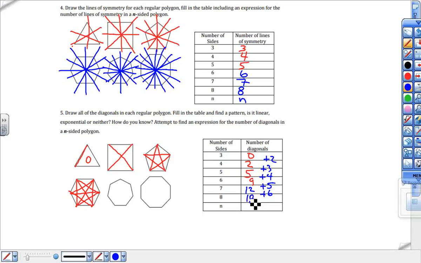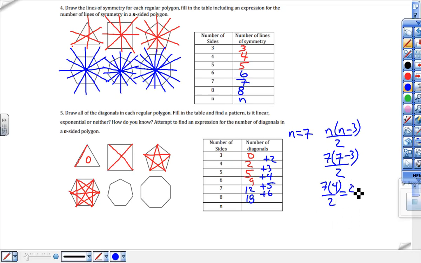Let's use the formula to double check. So n equals 7. Plug into the formula. Gives me 7 times 7 minus 3 over 2. 7 times 4 over 2 gives me 28 divided by 2. That is 14. Yes. Oh, that should be 12. Let me see. Going up by 2, going up by 3, by 4.